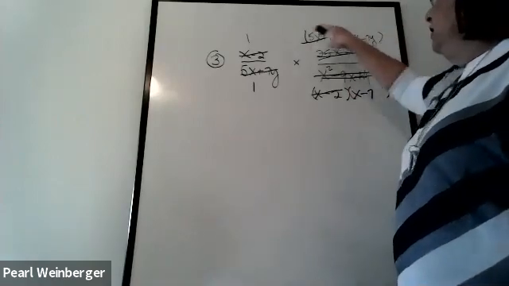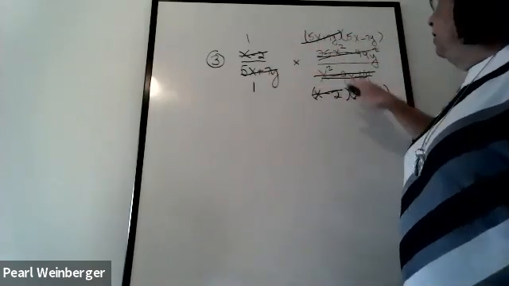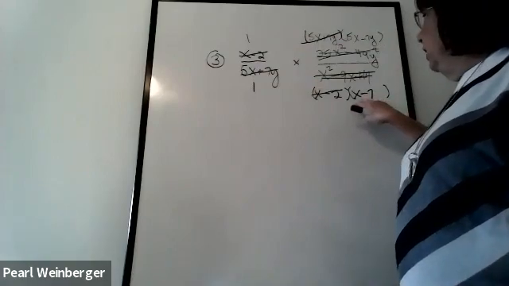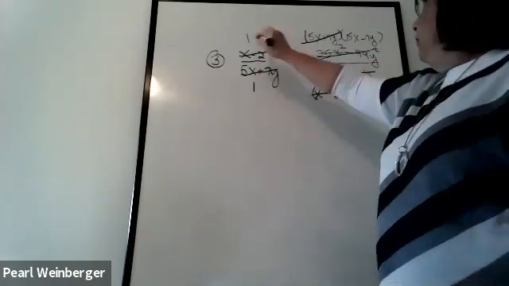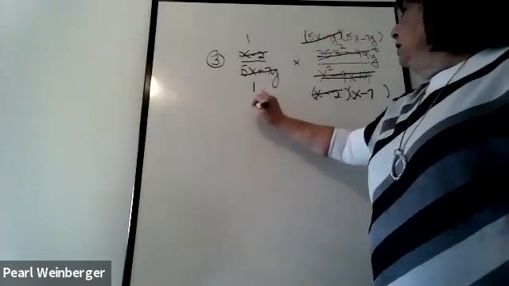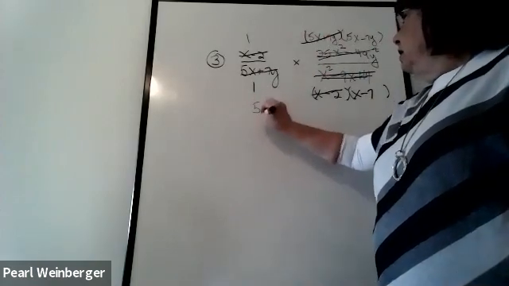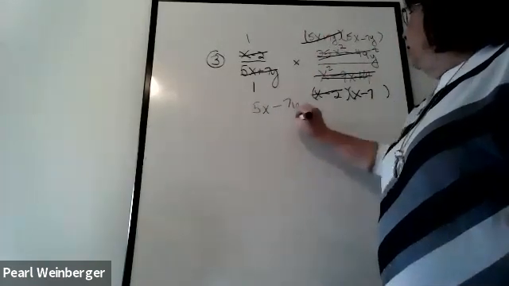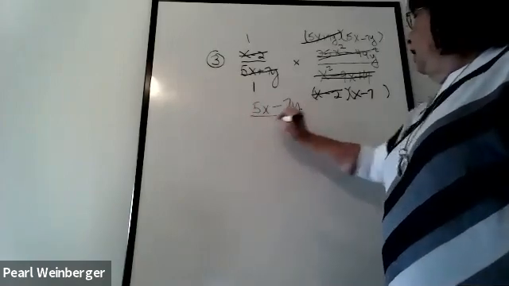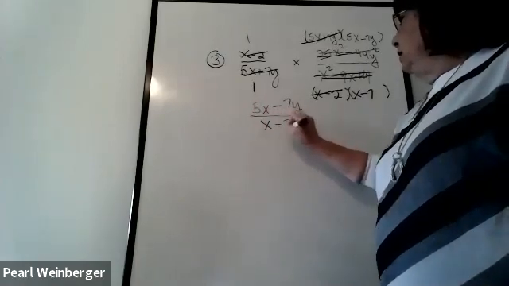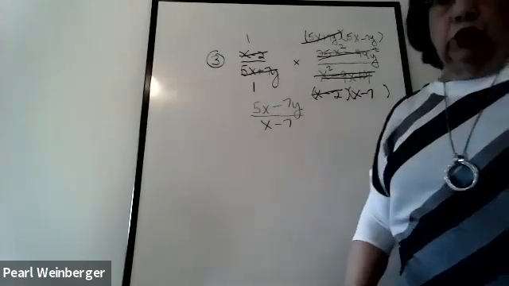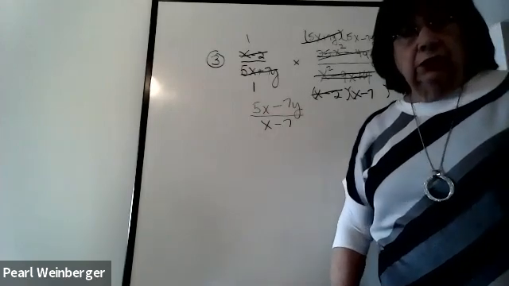The 5x minus 7y, there's nothing to cancel with it, nothing to cancel with the x minus 7. So your final answer, if we look across the top, is 5x minus 7y in the numerator and x minus 7 in the denominator. And that would be your answer to this problem.